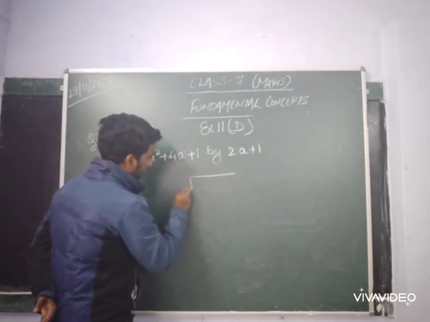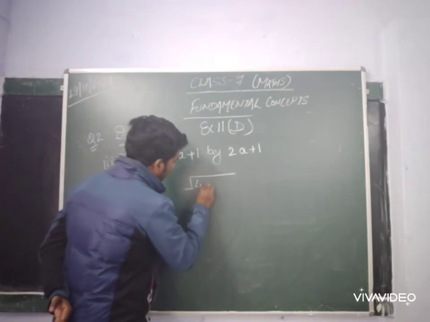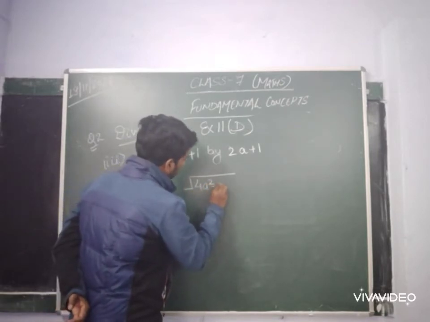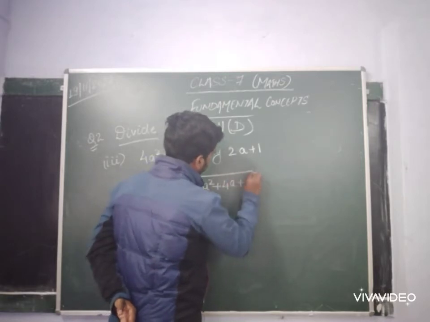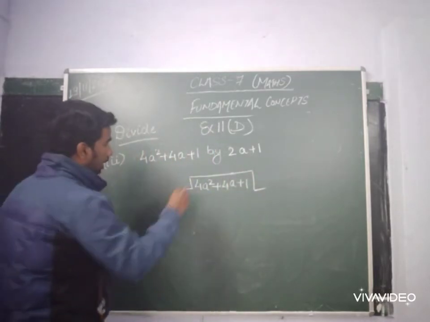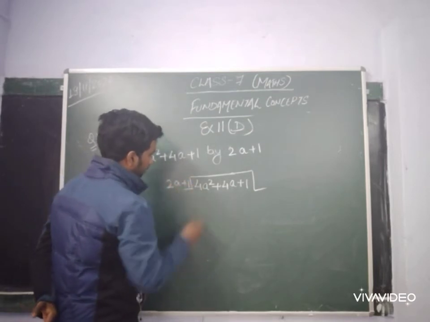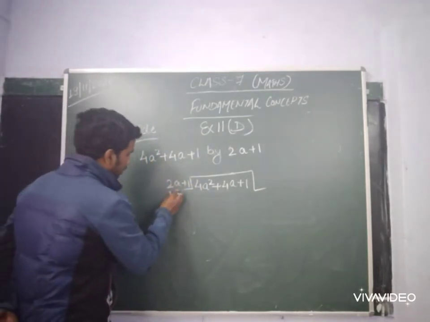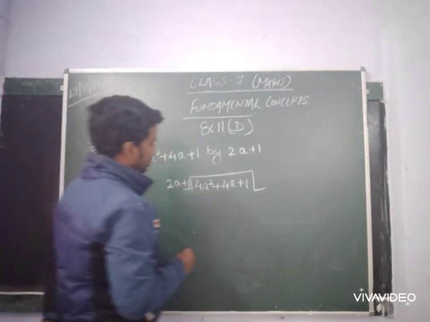So make a bracket, write the dividend in the bracket, that is 4a square plus 4a plus 1. Understood? And the divisor outside, 2a plus 1. Clear? Take this single term and divide this single term of the polynomial expression.